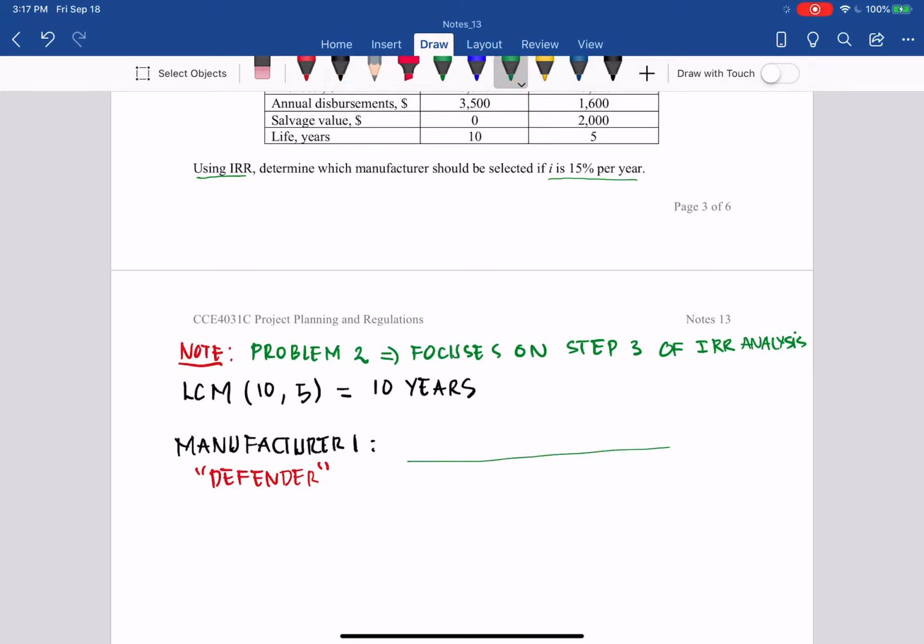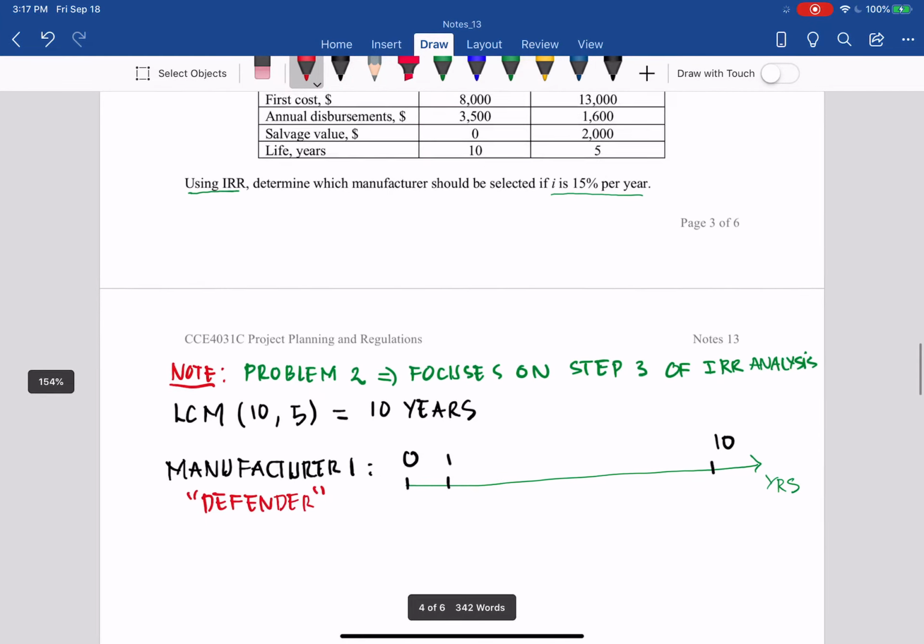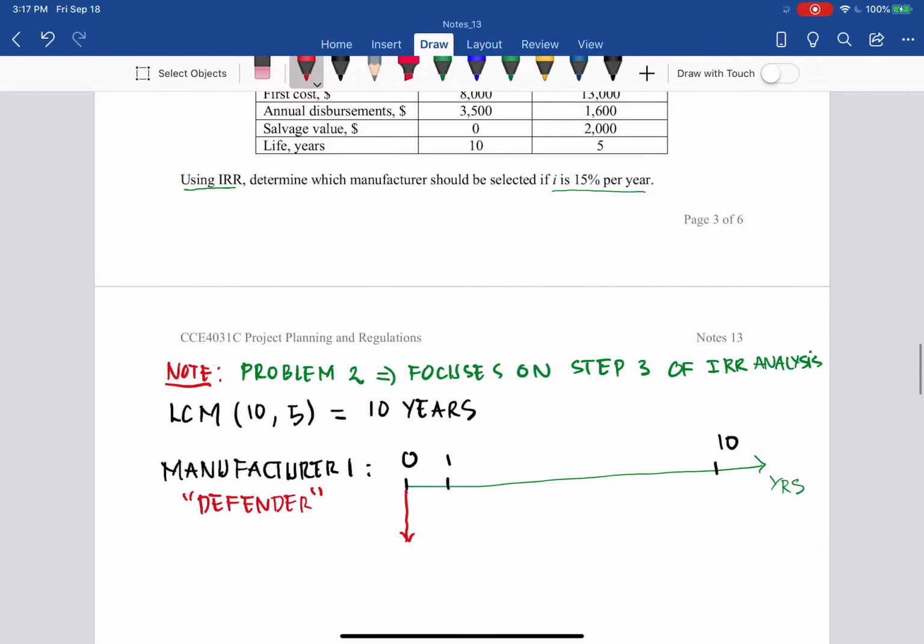From 0, 1 to 10. Initial cost is 8,000. Annual cost 3,500 every year for 10 years. So 3,500 per year.